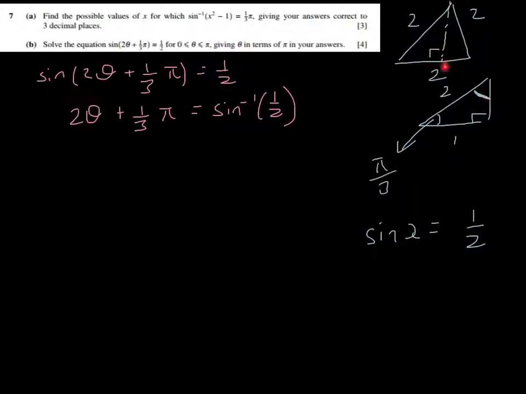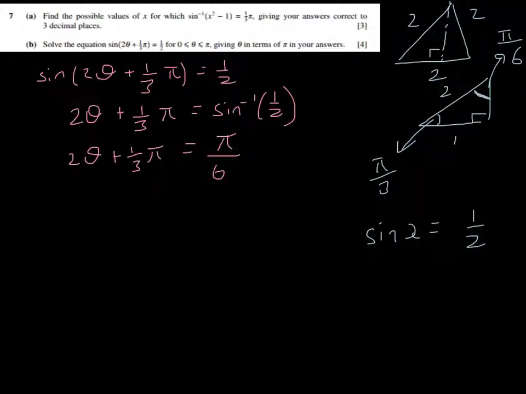Well, we've halved this angle at the top to make this triangle. So the angle before was 60 degrees. When we half it, we get 30 degrees, which means this angle here is pi over 6. Okay, so if we go back to our equation here, using the special triangle, we get that the answer is pi over 6.